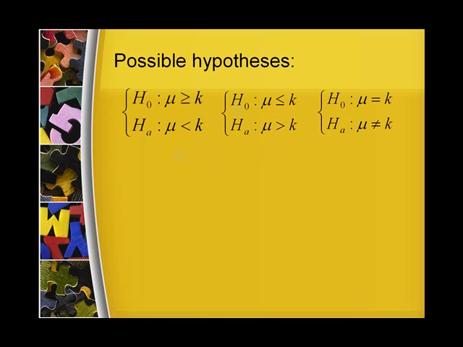Regardless of which of the three possible pairs of hypotheses you use, you always assume that mu equals some number k and examine the sampling distribution based on that assumption. Some authors always write the null hypothesis using the equal symbol.